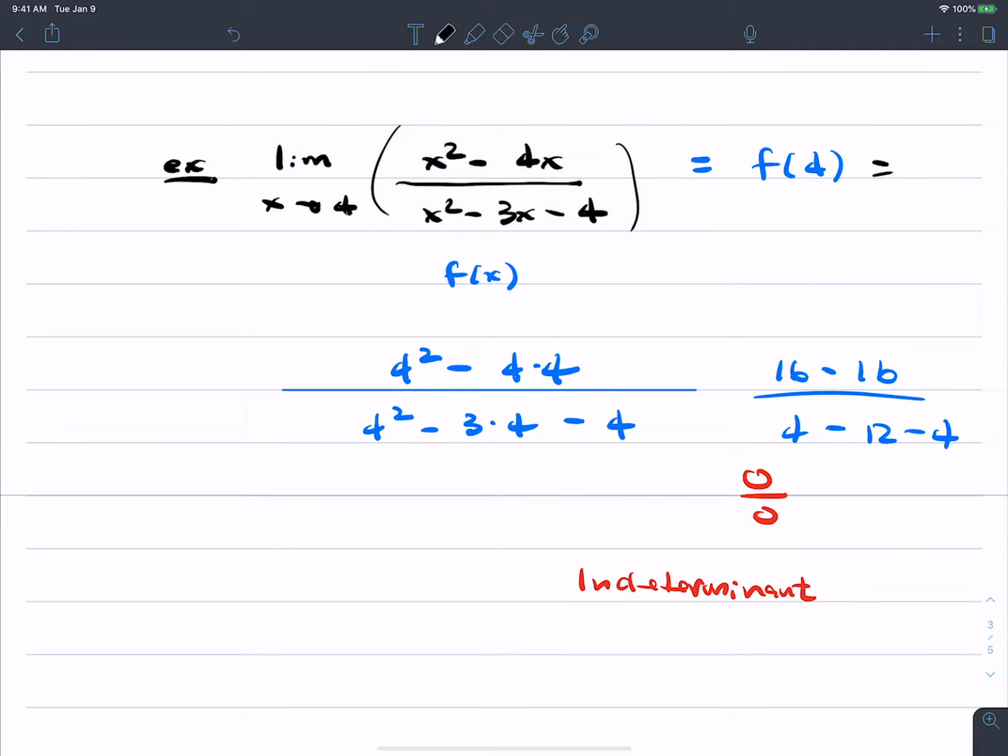And what this becomes, ladies and gentlemen, is 1 over 0 minus 1 over 0.